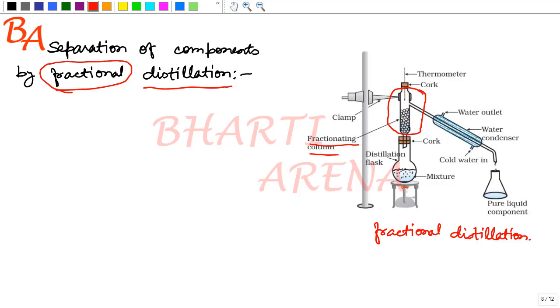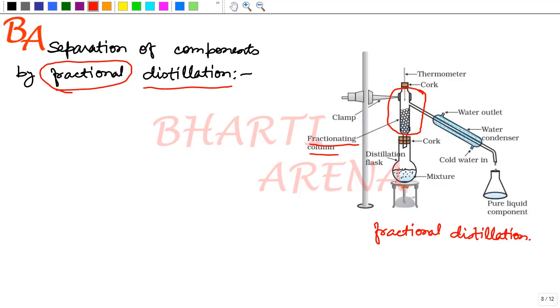So only the vapor of the component whose boiling point is lower will be able to pass through this fractionating column and go into this condenser. So this is the only use of the fractionating column.